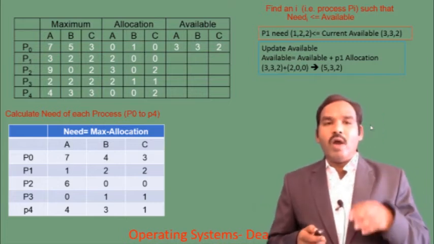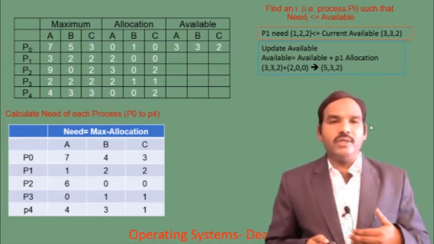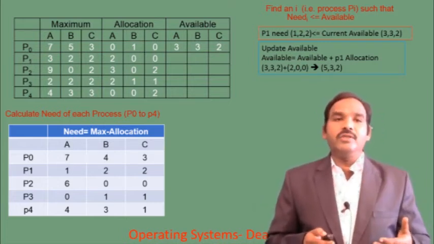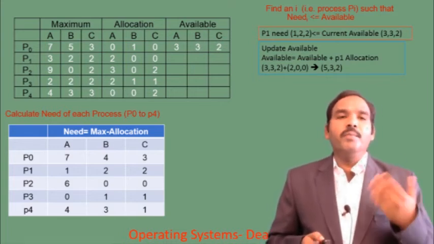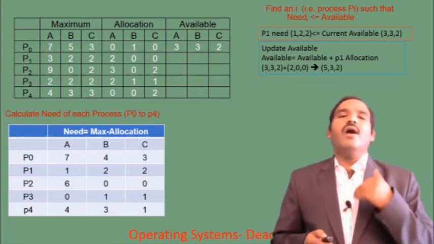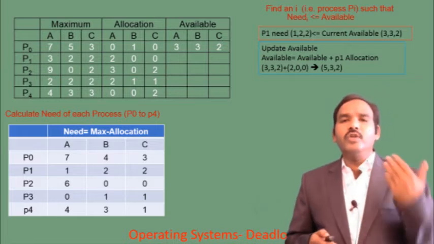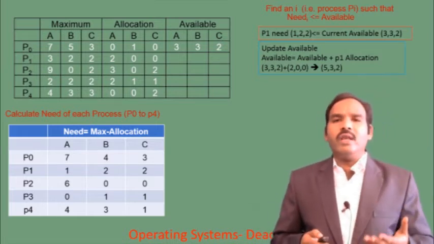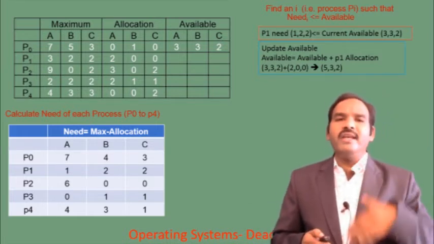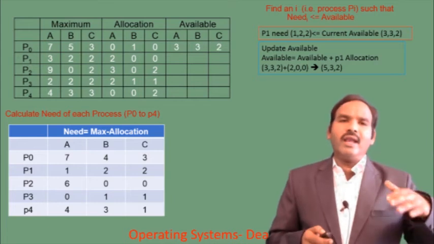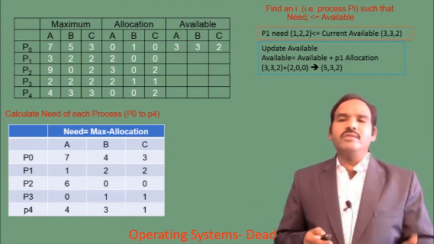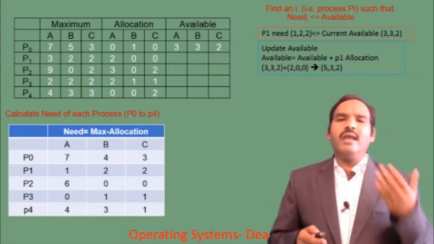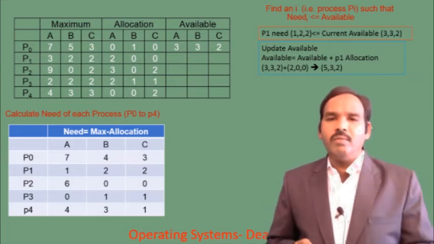The reason is, once we allocate the resources to P1, after execution P1 is going to release all allocated resources. Assume that we have allocated 1, 2, 2, then it is going to release the already allocated resources and the given resources, so we are simply adding the already allocated resources to the available resources.